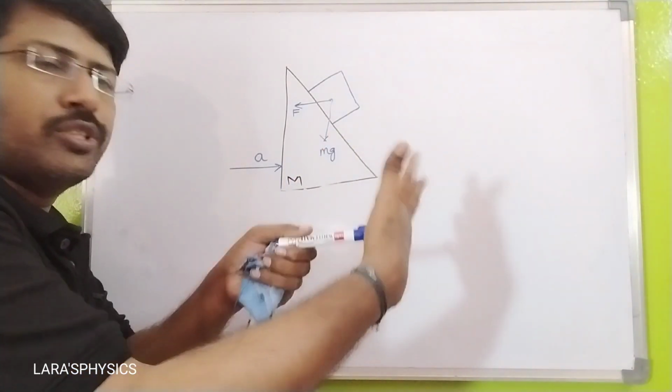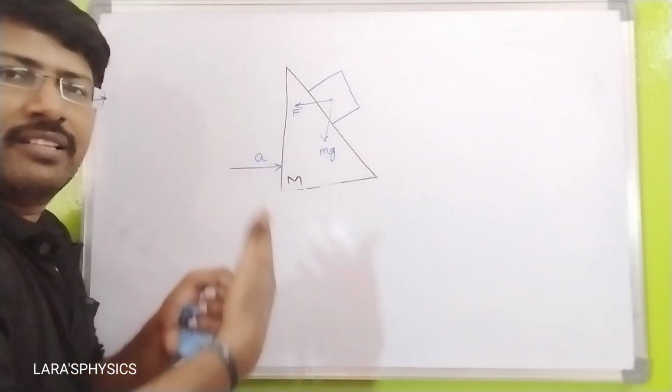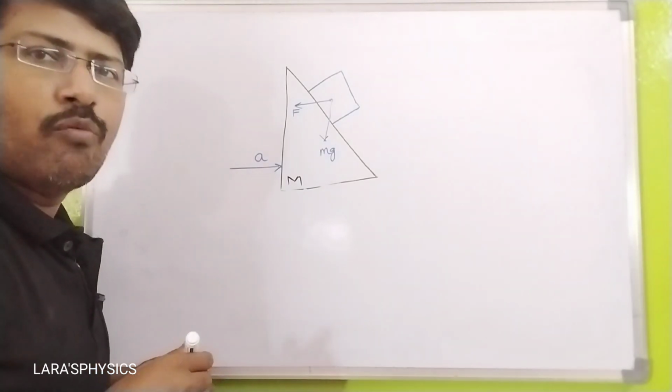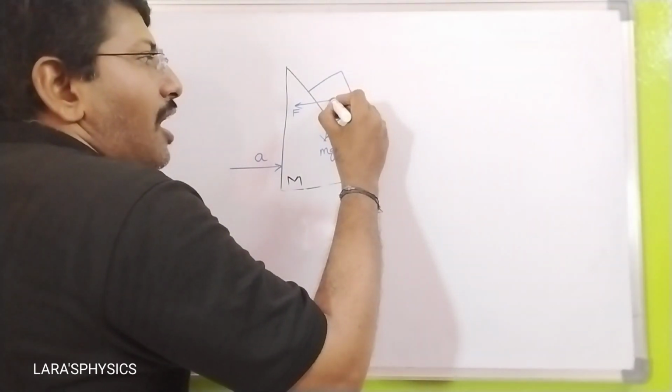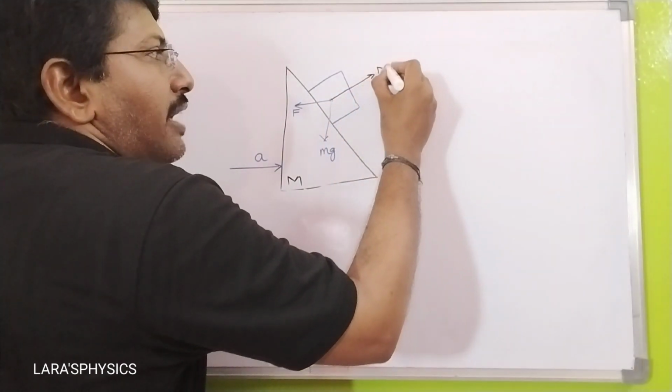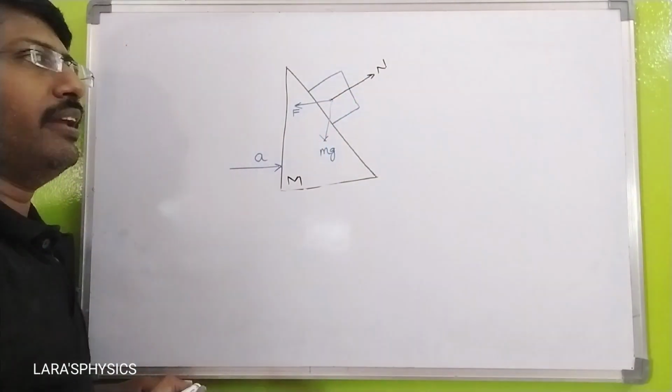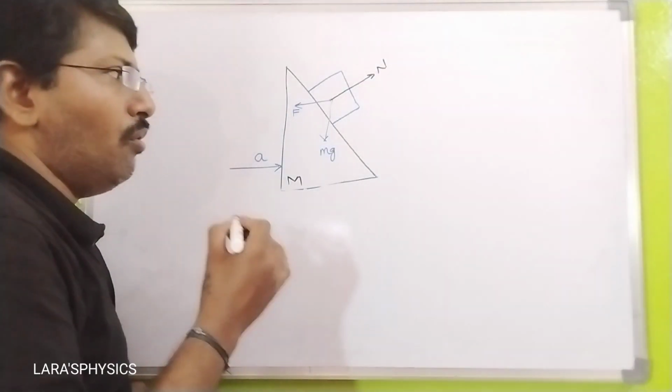So when I push like this, that block also pushes like this. So some normal reaction is acting. That normal reaction I will take in this direction. That is the normal reaction.